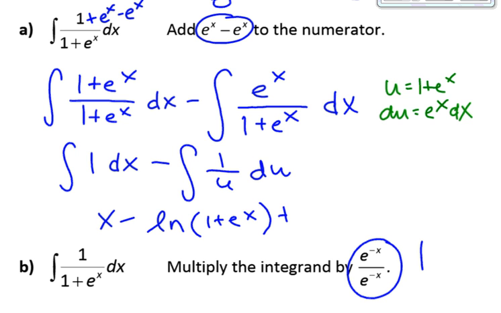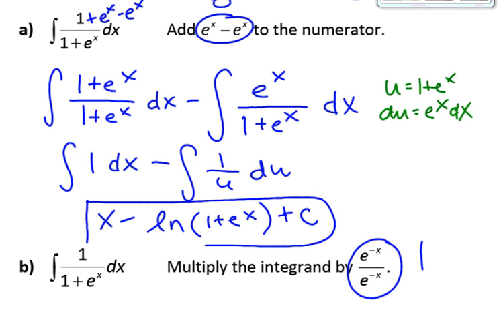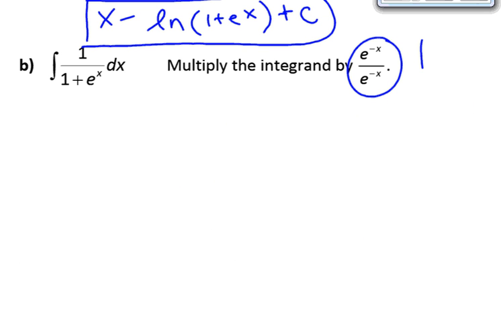No absolute value needed, since that is always positive, and this is my answer. Okay, so that's one way of looking at it. If you have something that truly cannot be integrated using u, then try adding 0, a clever form of 0, or multiplying by a clever form of 1, as we'll see in part B. Okay, so same problem, but we can approach it a different way by multiplying by a clever form of 1.